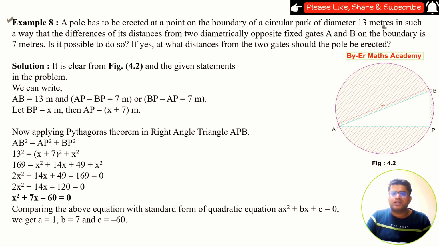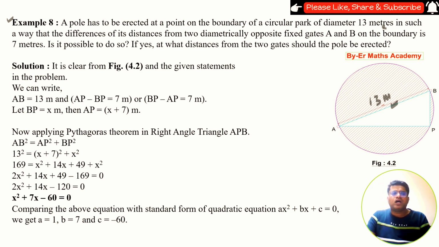This is 13 meter. First of all, draw a circular park of diameter 13 meter. I draw this circle, and the diameter of this circle is how much? 13 meter.